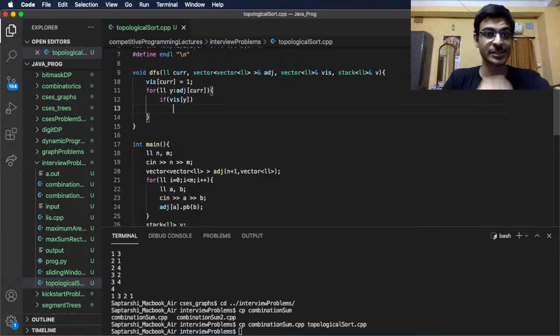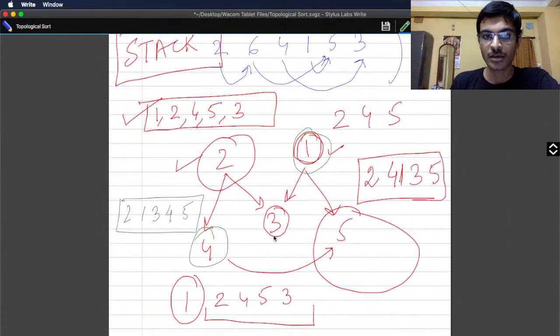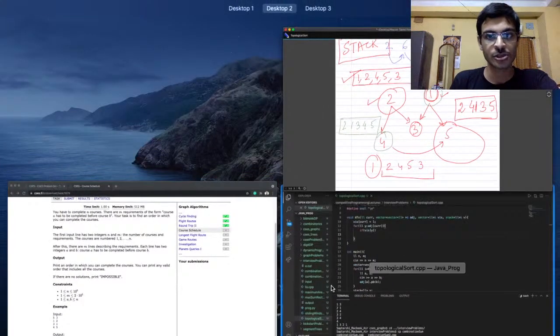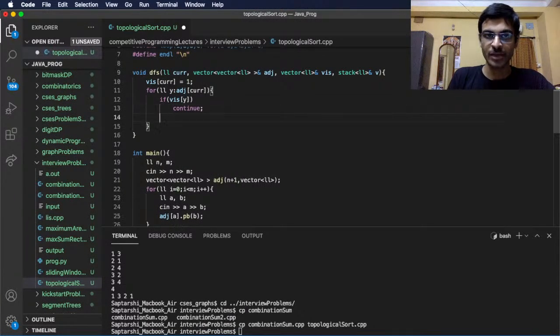That Y itself is visited. We had seen in this particular example that from 4 we have visited 5, hence when we visit it from 1 we should not visit it again. So this is visited, so we are not going to visit it multiple times. So if it is visited, then continue.